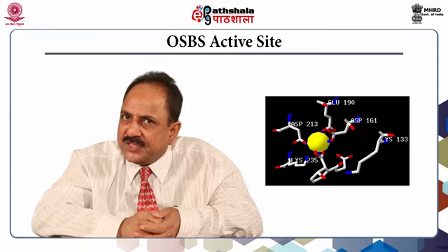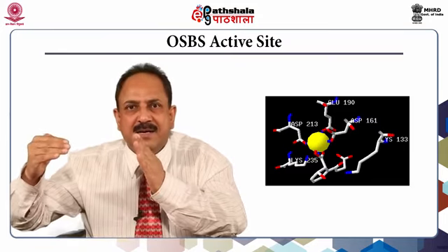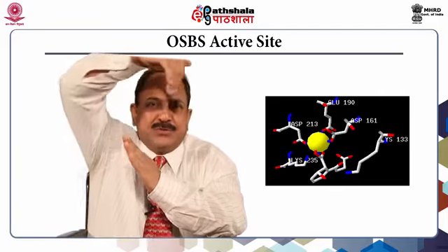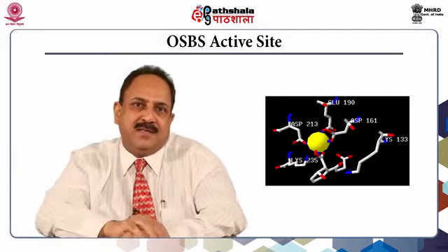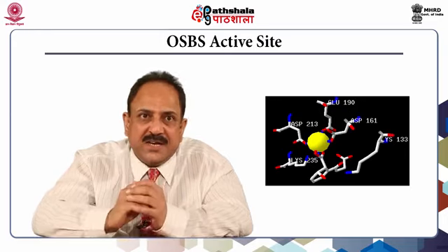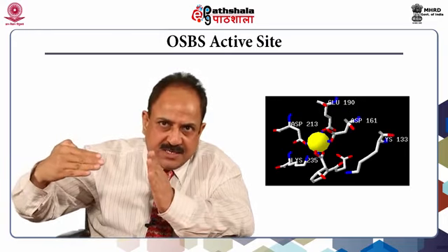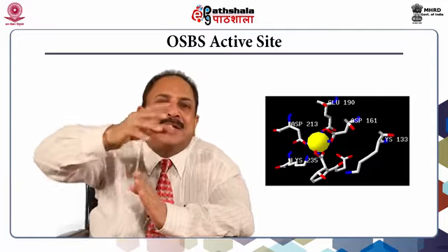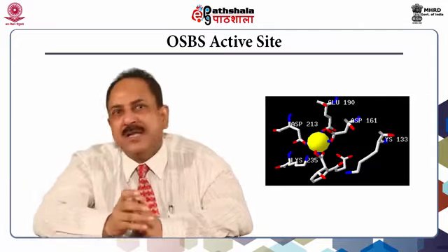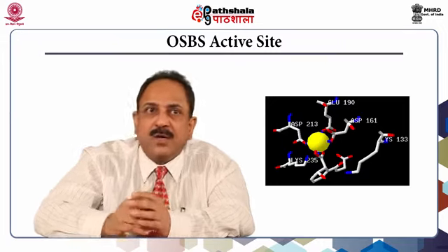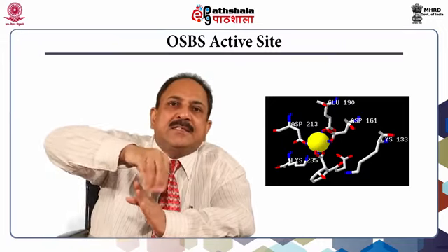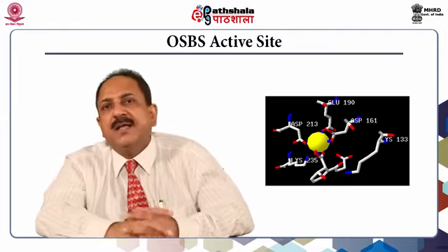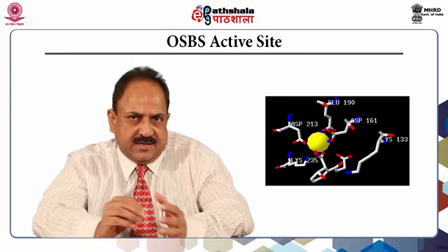The literature information shows that lysine 133 comes from one side and lysine 235 comes from the other, and they are positioned so that lysine 133 abstracts the proton and lysine 235 stabilizes the transition state with the help of the magnesium ion. Therefore, in this acid-base catalysis, the dehydration reaction of the substrate to produce the OSB product occurs.